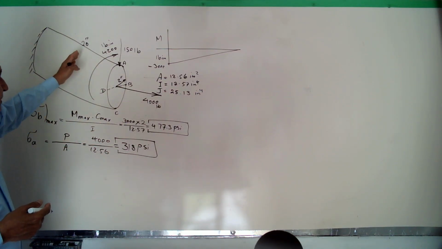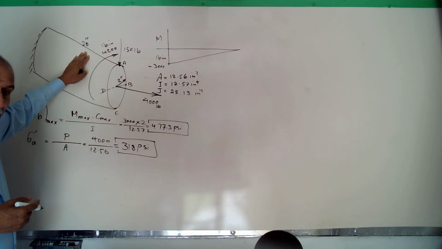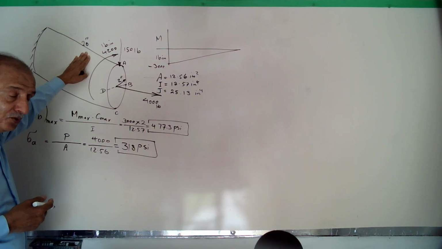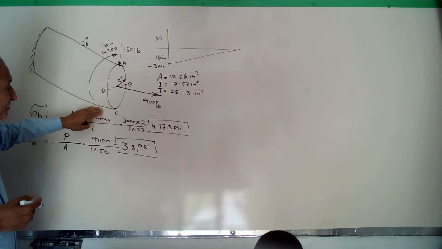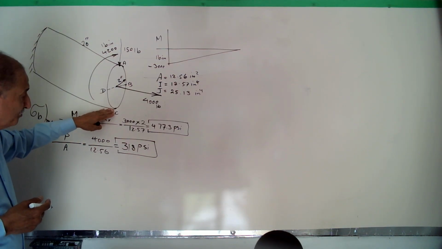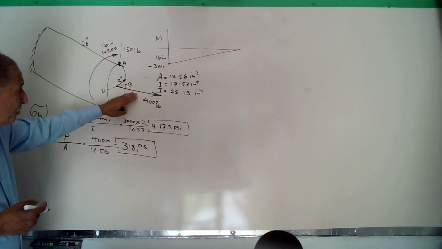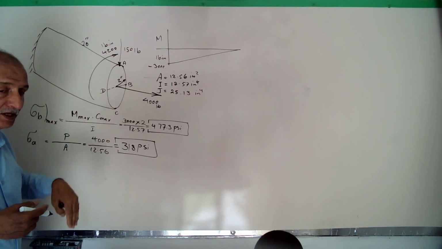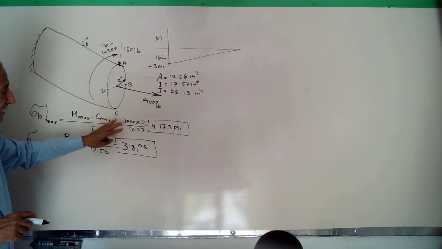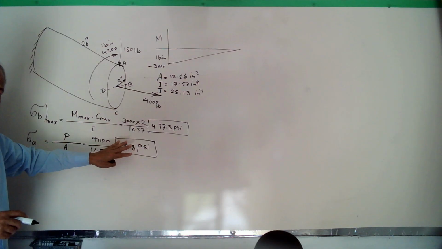The top point experiences tensile normal stress from bending, and the bottom surface experiences compressive stress, but for axial load, all points experience tensile normal stress. These two can be combined together.